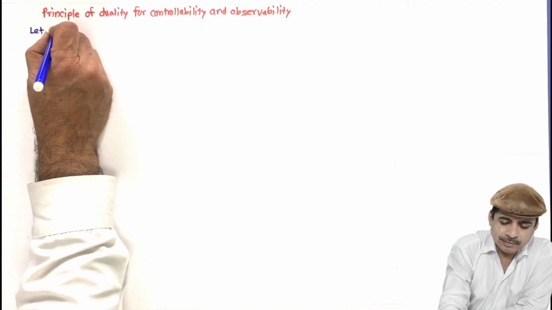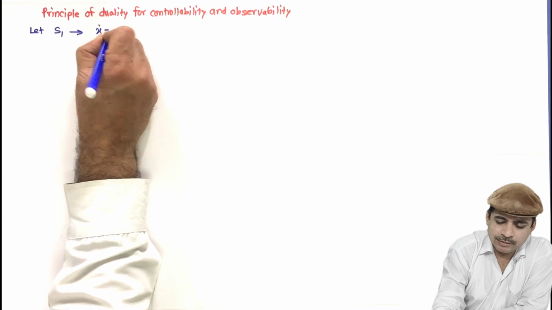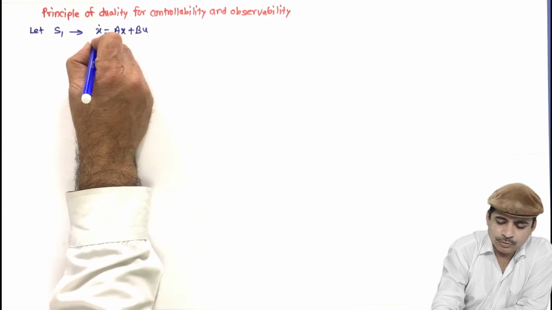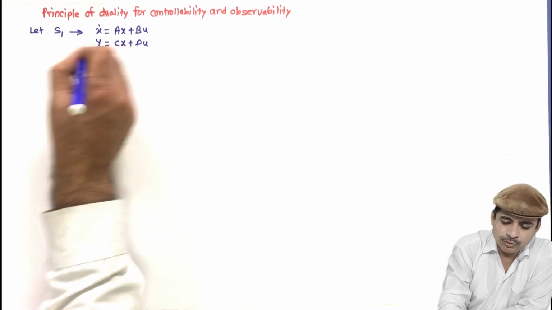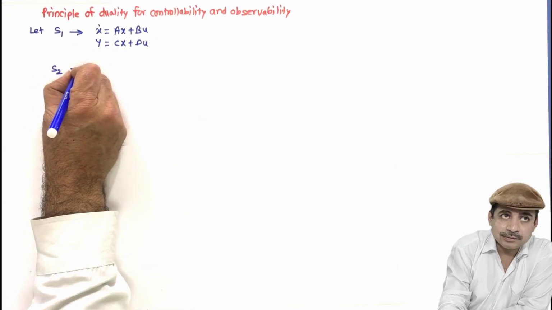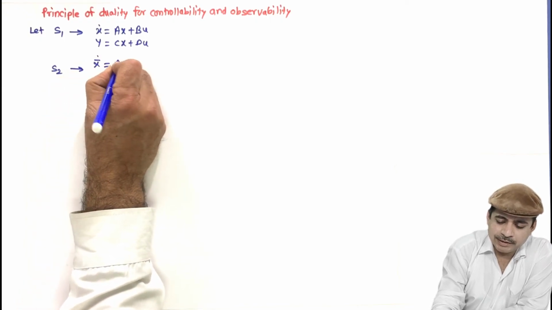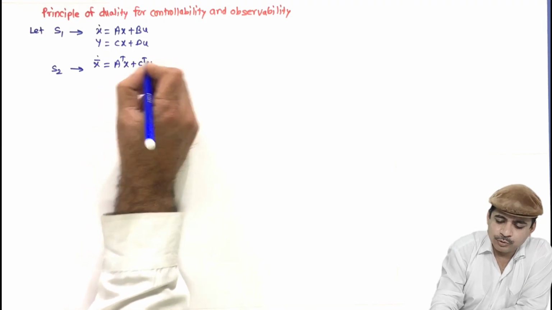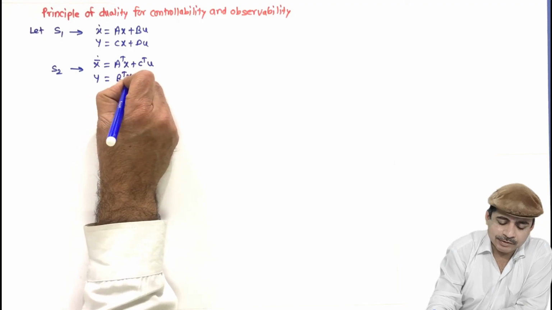Let S1 be x dot is equal to Ax plus Bu, y is equal to Cx plus Du, and S2 as x bar dot is equal to A transpose x bar plus C transpose u, y is equal to B transpose x bar.